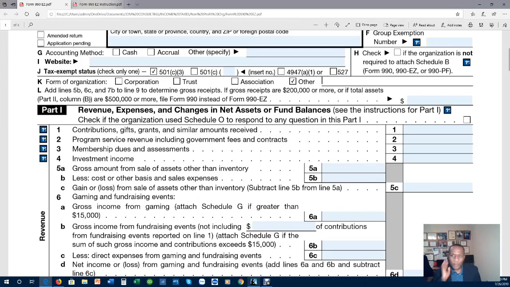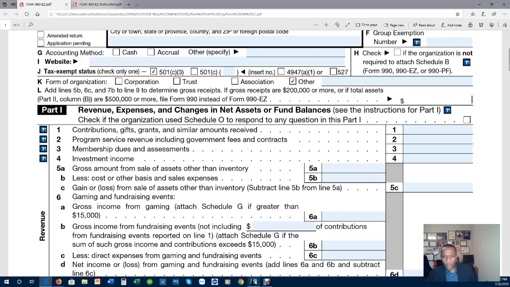So it's very important, before you enter any amount on this section L, that you complete these lines and this section first.